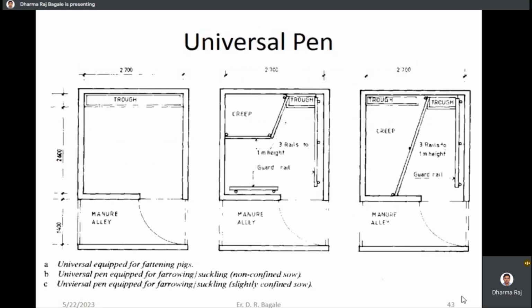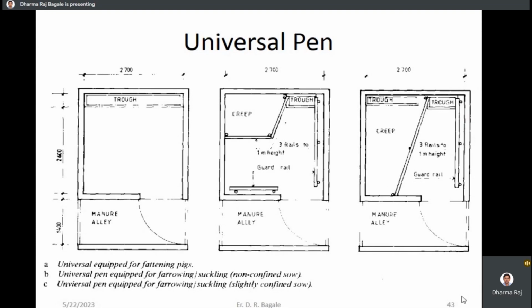And here we can see a universal pen of 3 different designs. Here you can see the trough for feeding the animal, the stall or the farrow crate where the animal may lie, and another one is the manure alley, where we can see typical diagrams. The slope should be maintained in the stall so that the urine and water from the stall pass to the manure alley, and from the manure alley to the gutter.